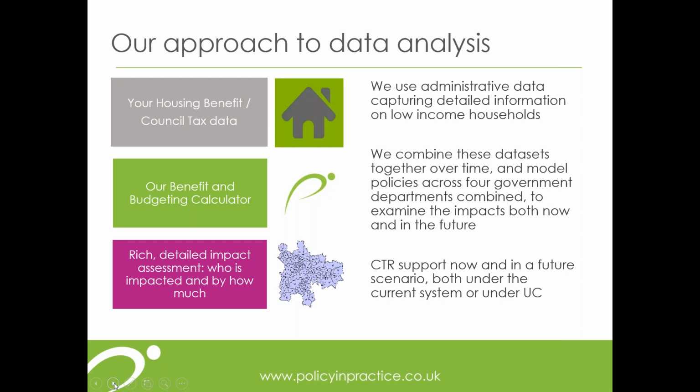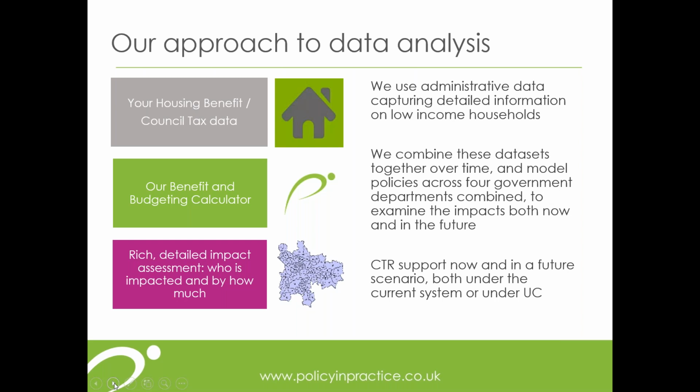So first of all, the approach to data analysis that we take is very much led by the household level analysis. So we take administrative data from housing benefit extracts and council tax data extracts. We merge the two together and we run them through our policy engine, which takes account of over 4,000 pieces of legislation across 4 central government departments, along with the devolved administrations and council level schemes, such as CTR, of course.